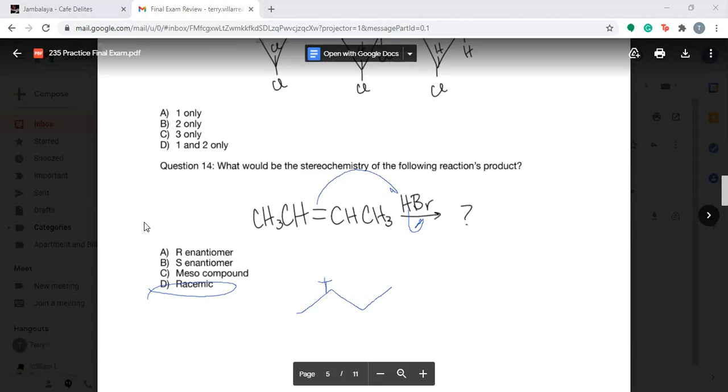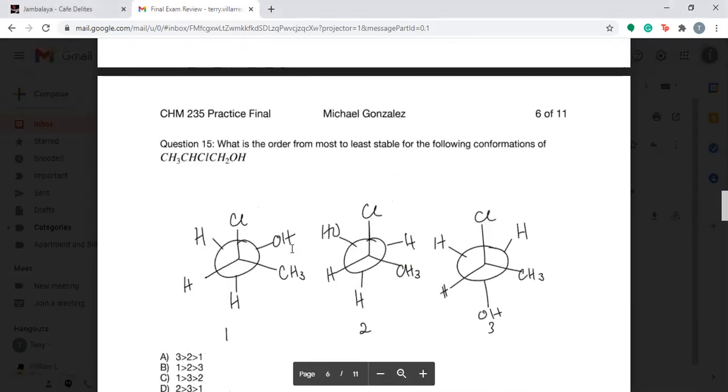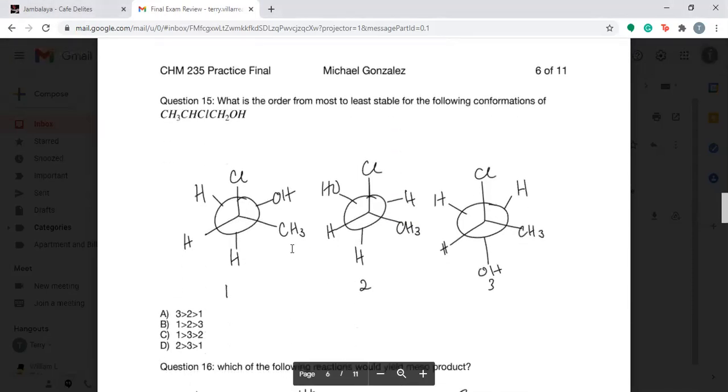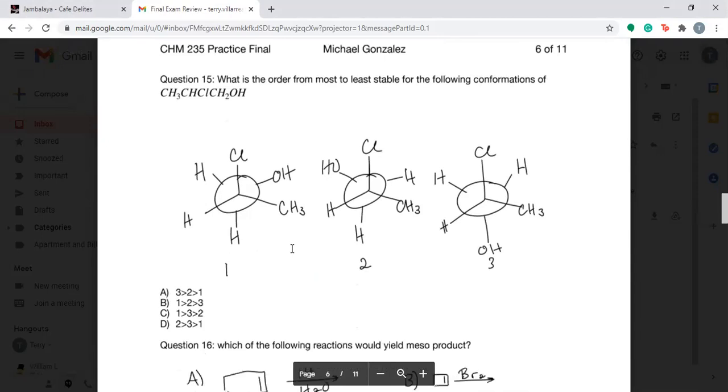Okay. Yay. Yeah, I know you guys love these. What is the order from most to least stable of the following conformations? What is the most stable? Maggie, I will visit your grave and I will leave a fresh boba and a flower.